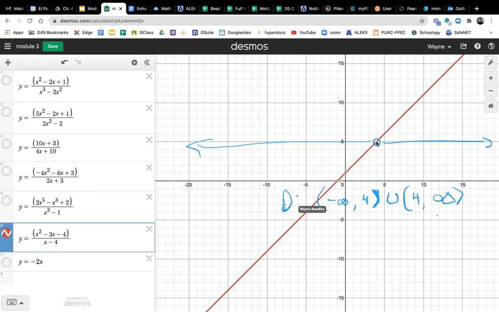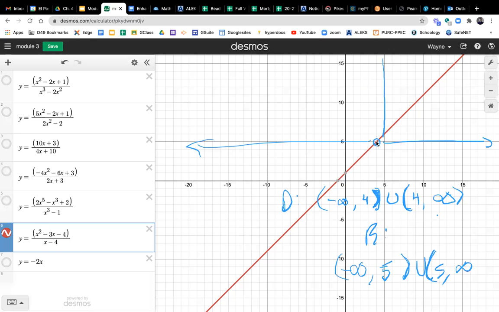Now, if they asked you the range, the same thing would happen, but it's going to be 5. So you always go with the small number first, negative infinity to 5, going this way, and then unioned with 5 to infinity. And because we use parentheses here instead of brackets, it doesn't include those points. So hopefully this helps a little bit.